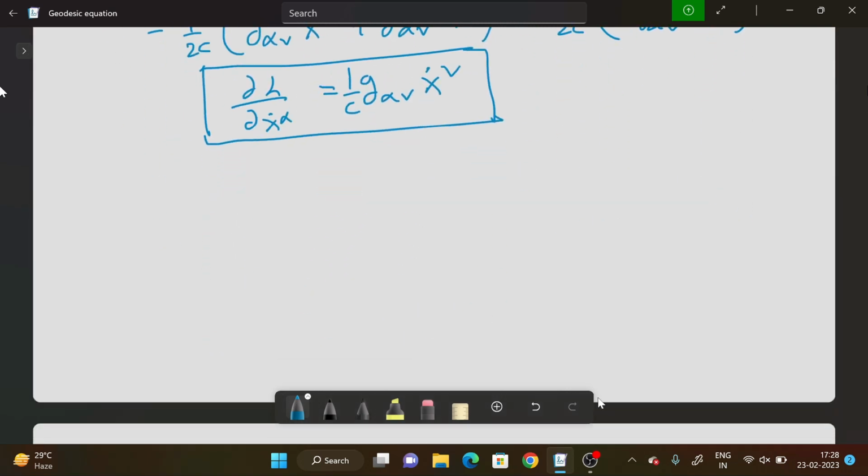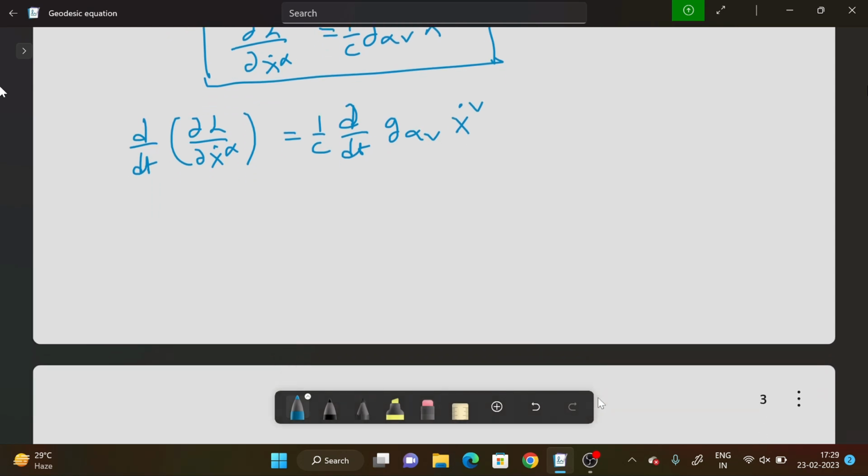Now we have to calculate the time derivative of this thing, right? We have to calculate this d upon dt of dL upon dx dot alpha, which is going to be d upon dt of g alpha nu x dot nu. We'll have to use the product rule again, and by the product rule we are going to get, let's leave the x dot nu for the first time, and we'll have d upon dt of g alpha nu.